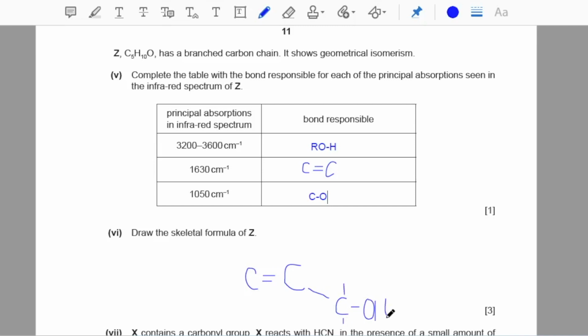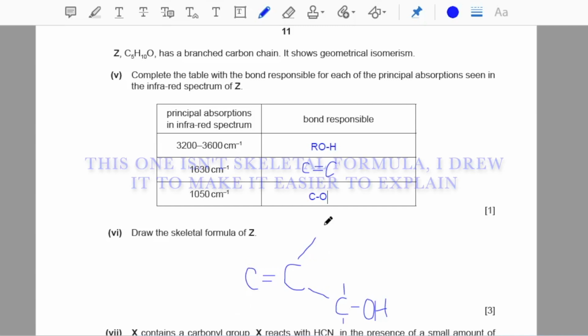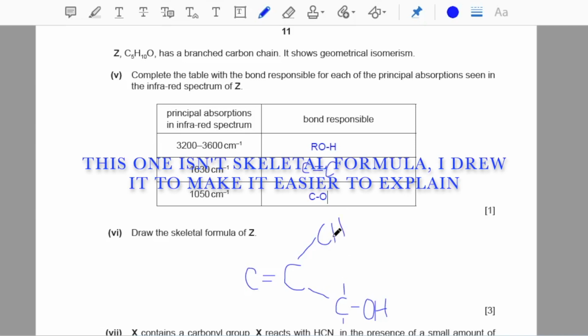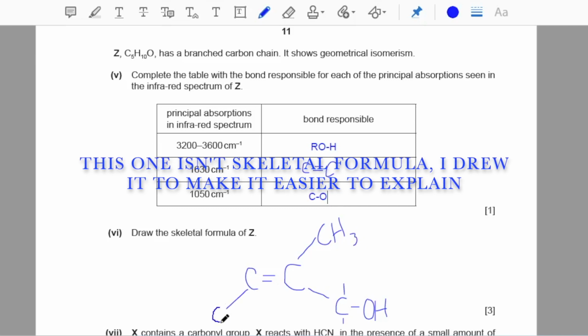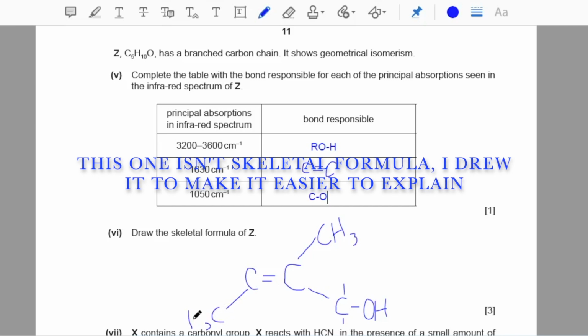And it also says that it shows geometrical isomerism, meaning I cannot put 2 methyl groups on the left carbon because that's not valid. They need to be on 2 different carbon atoms, across from each other. So 1 methyl group over here and 1 methyl group over here. This forms a geometrical isomer.